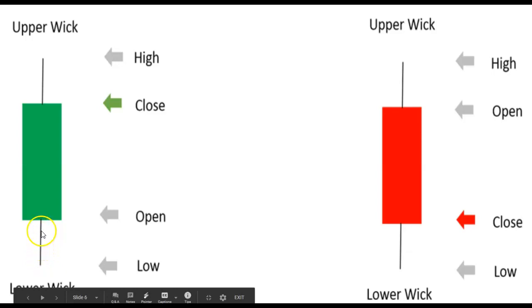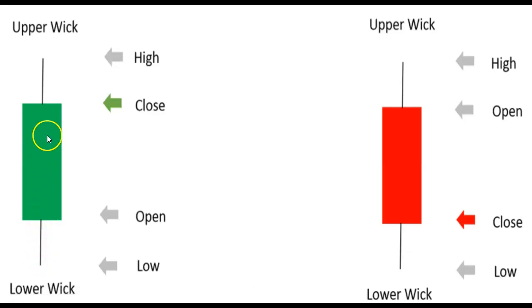Then it kept pushing up, and at one point it was this high, and prior to the 5 minutes being up and that candle closing, the price came down and it closed here. So whenever it's a green candle, the open is always at the bottom and it goes up, and the close is always going to be at the top.